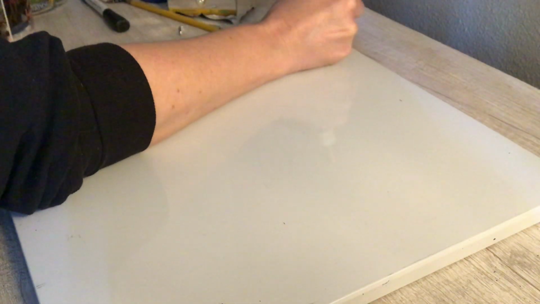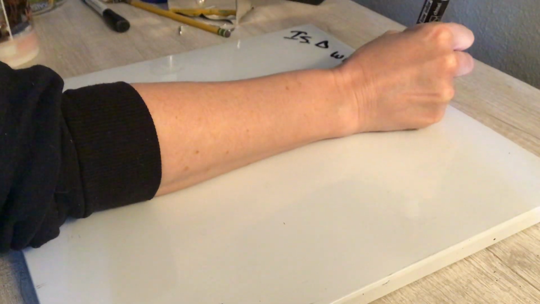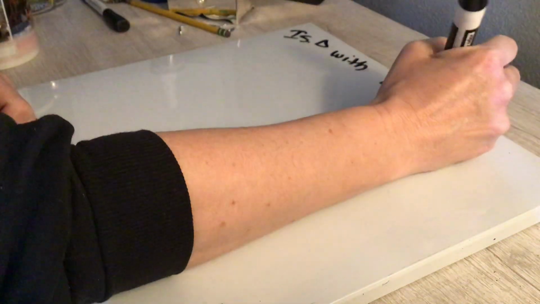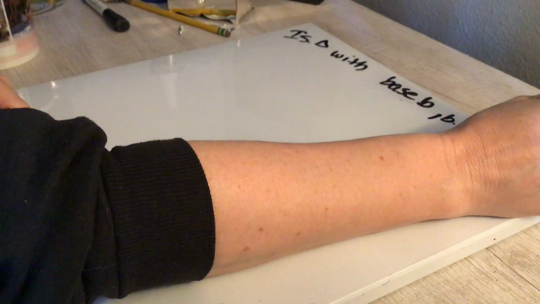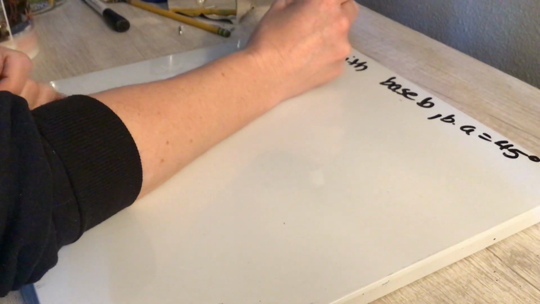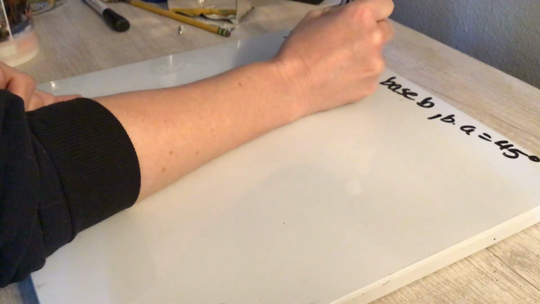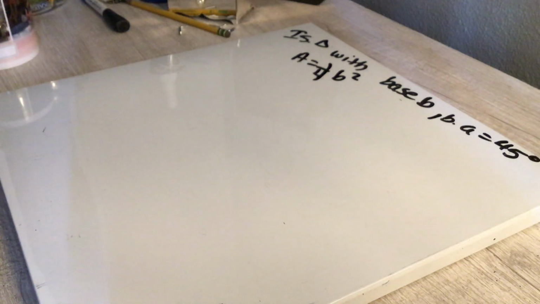Okay? All right, so we want to prove that an isosceles triangle with base B and base angles that measure 45 degrees is going to have an area that equals 1/4 the square of the base. So 1/4 base squared.